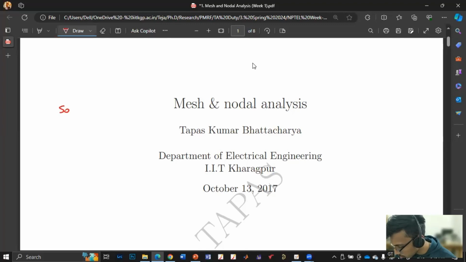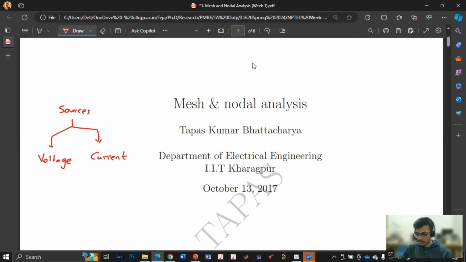So sources are basically two types: one is the voltage source and the other is the current source. In the voltage source, the voltage is constant and you can draw any amount of current, and in the current source, the current is fixed and the voltage across the current source can be anything.